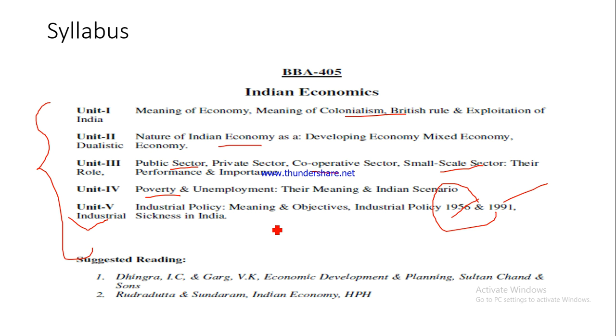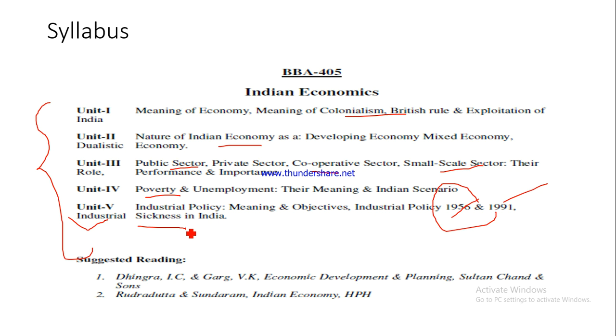We'll be talking about LPG, that is liberalization, privatization and globalization. Some of this, as I said, you have already covered in Business Environment, and we'd also be taking up industrial sickness. What do we mean by industrial sickness? Business firms not being able to operate at a profit. That is what we know as industrial sickness.